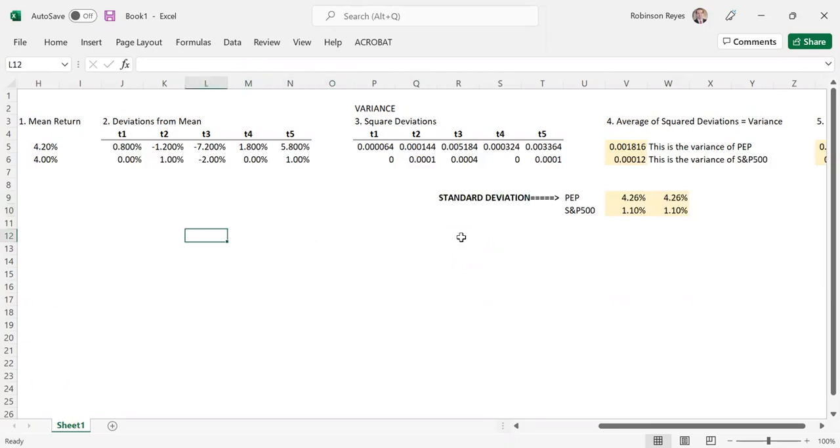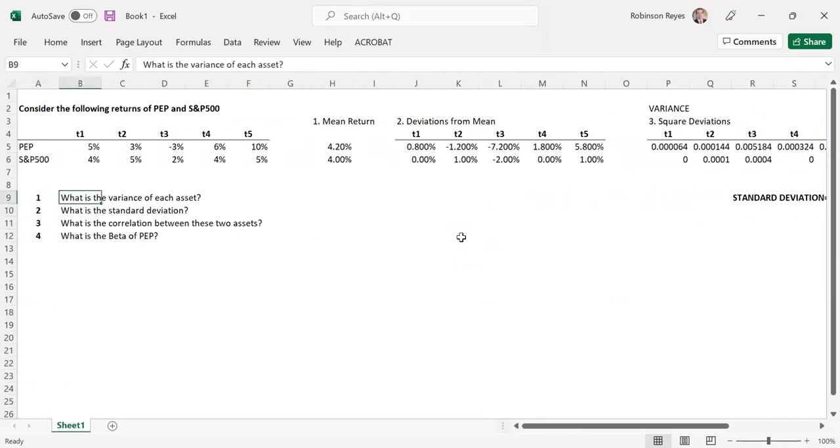So now we have already resolved this question and this question for each one of the assets, but what is the correlation between the two? Well, in step 3, we will do something different, correlation between Pepsi and S&P 500.